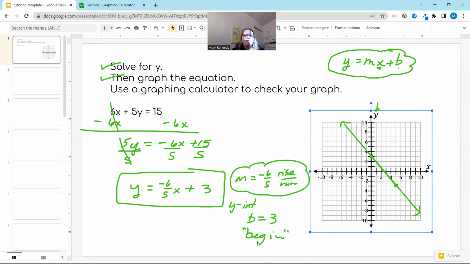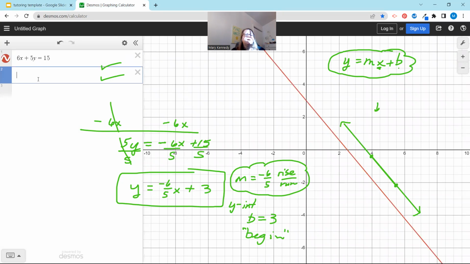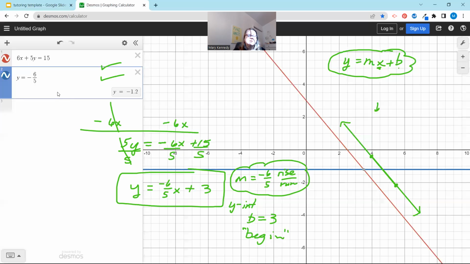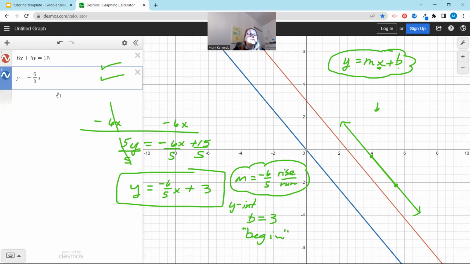And we had y equals negative 6 over 5x plus 3. So let me type in that. Y equals negative 6 over 5. Use your little cursor to get out from under the fraction over x plus 3. And notice that the line is directly on top of the original line.